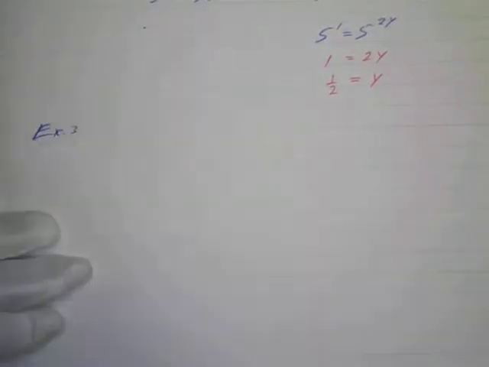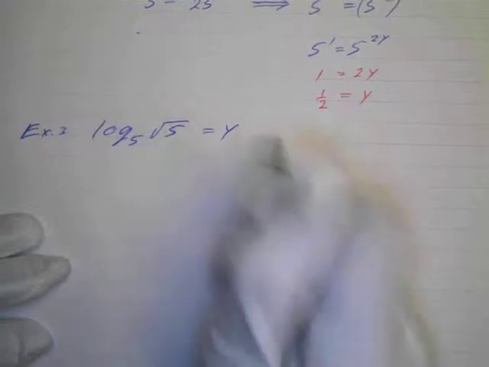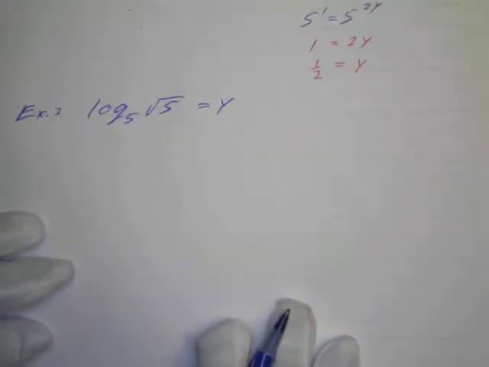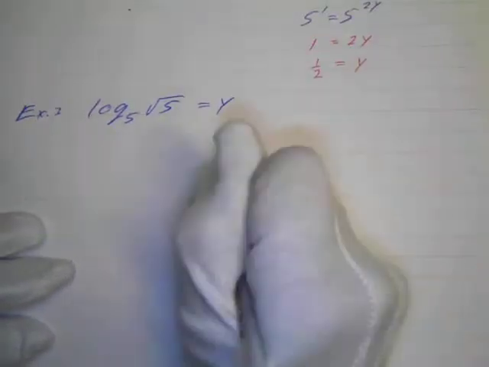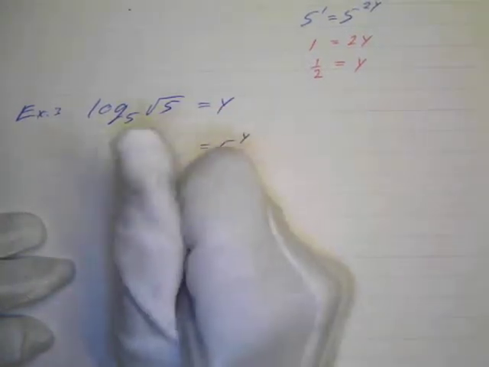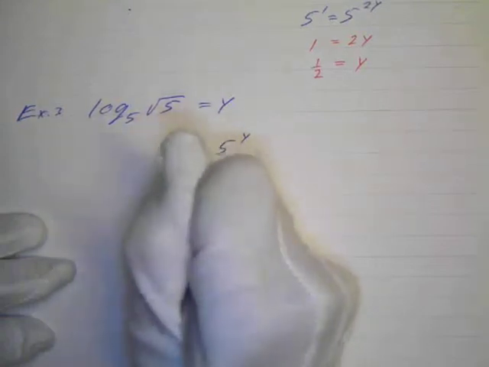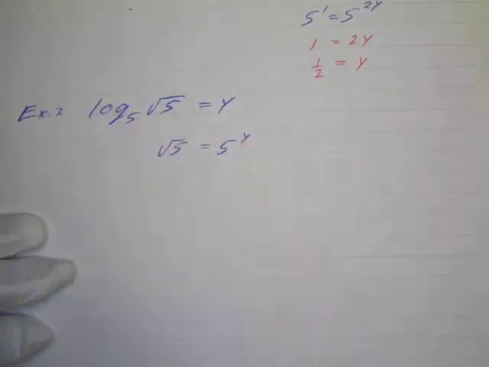Example 3. Log to the base 5 of the square root of 5. What's that? That looks kind of confusing too, so I'll call that y. And again, I'll change it to an exponential equation. My base is 5. My exponent is y, and my answer is the square root of 5. But the square root of 5 is the same thing as 5 to the what power? 1/2.